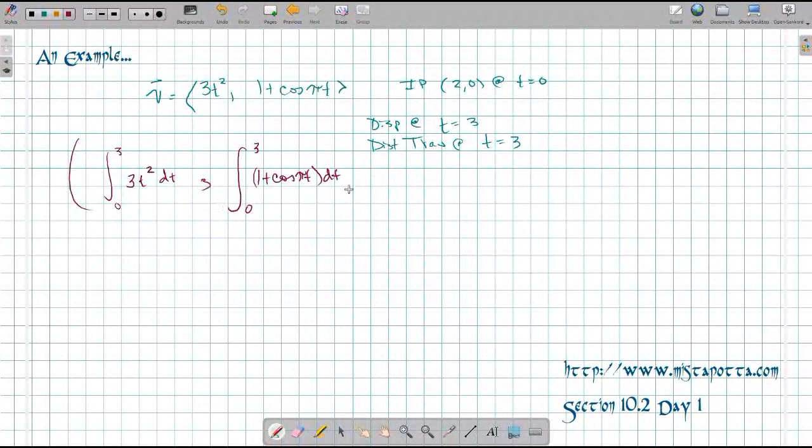And so this is going to end up being a point that I'm going to be reached at. Notice that I have this initial value at 2. When I do an integral, I really end up with the position at 3 minus the position at 0. So if I want just the position at 3, I want to add these quantities in. These quantities are really my constants of integration.